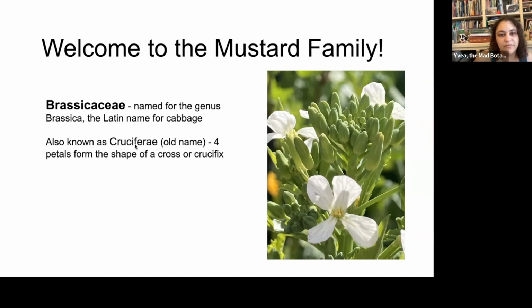That's a bit more intuitive to me because, as you can see here, we have 4 petals on all of our members, and they're sort of in the shape of an X or a cross. So it's helpful to know that the old name was cruciferae, or like a crucifix. So that's why we call it that.